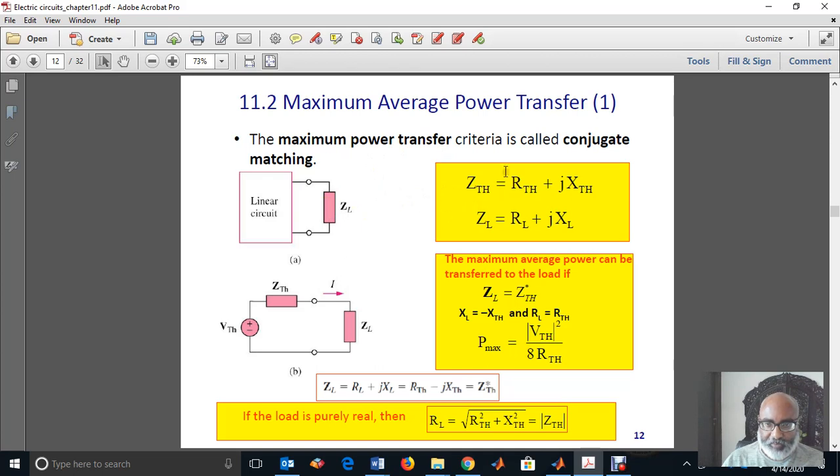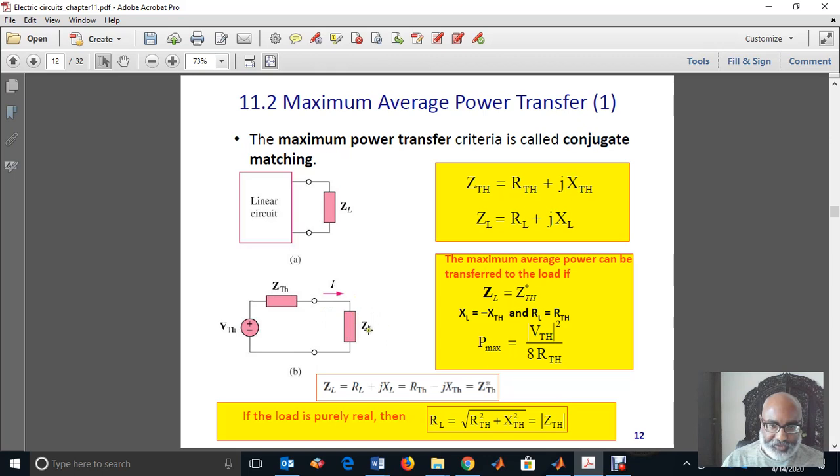So the maximum power transfer criteria says, if, for example, this is a linear circuit and a load ZL is connected, and if I find the equivalent circuit of the linear circuit, remember from Thevenin theorem, we can represent it by V Thevenin and Z Thevenin. I have V Thevenin and Z Thevenin for the left part, and I have the load here.